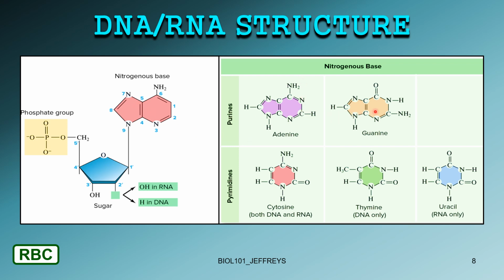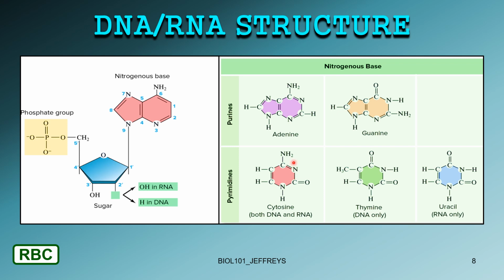There's 2 examples of that. We call those purines in general. Or it can have a single ring, and you see 3 examples of that, but really we're looking at these 2 for the moment. And we call those pyrimidines. If it's a single ring nitrogenous base, it's a pyrimidine. If it's a double ring, it's a purine.